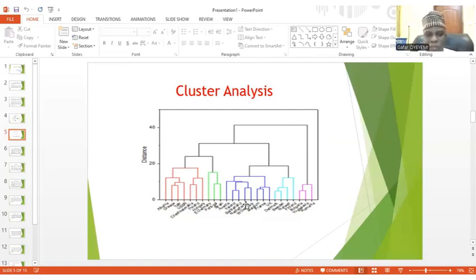And it will continue reducing the clusters, maybe from 6 to 5, 5 to 4, 3 clusters, 2 clusters, and so on. That is how cluster analysis works. It groups individuals or objects into groups based on the measured characteristics.